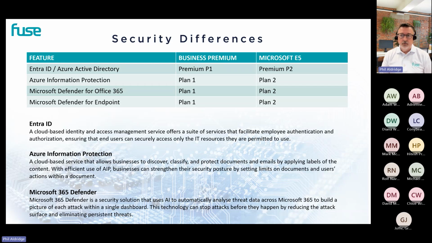If you're focused on security, if you have governance and compliance requirements to do security well, then you need to be looking at one of these two products, because you're not going to get it with the Standard or the E3 licenses.